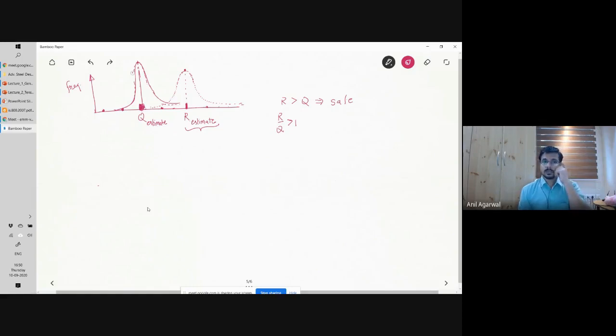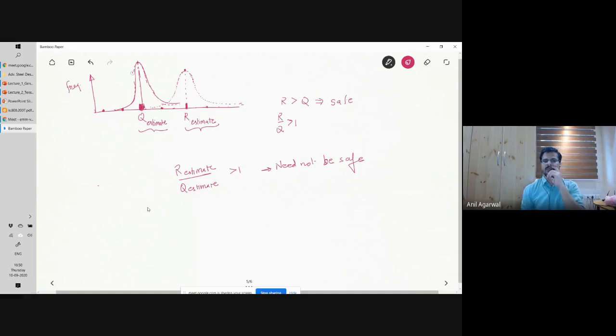Fine. So now what happens is that it is not sufficient for me to say that R estimate divided by Q estimate is greater than 1. That need not be safe. You understand?